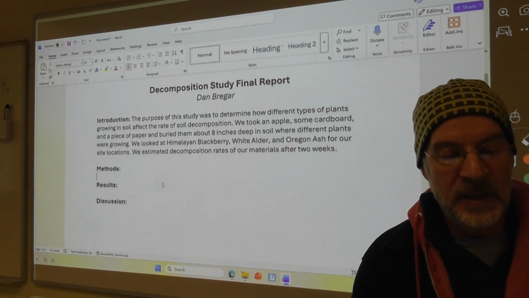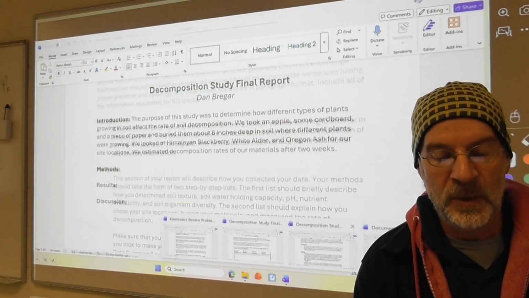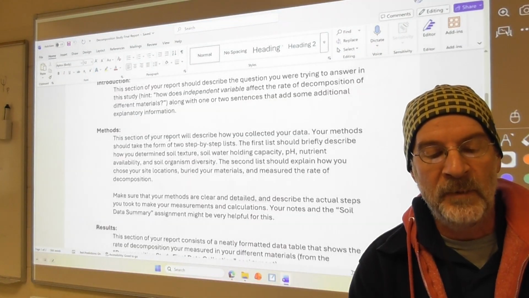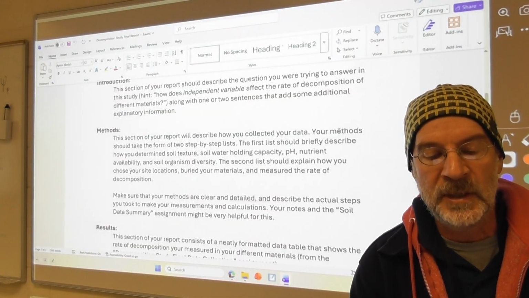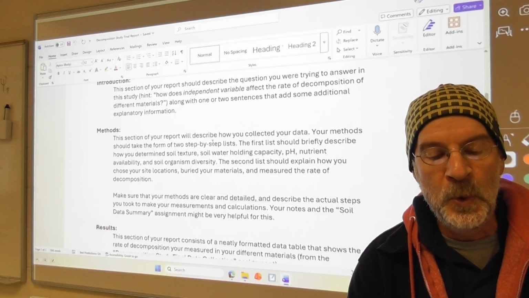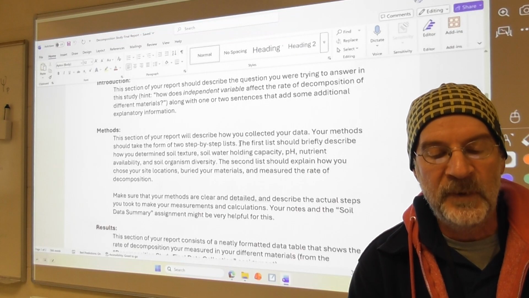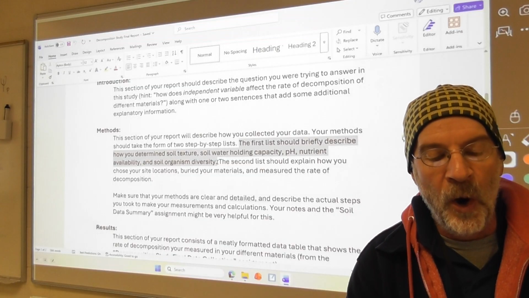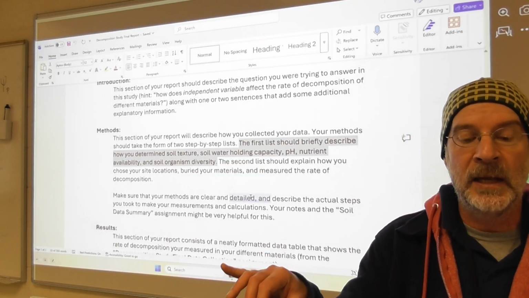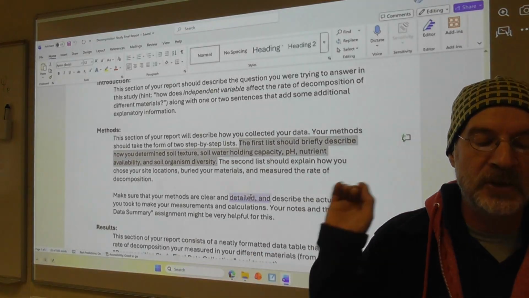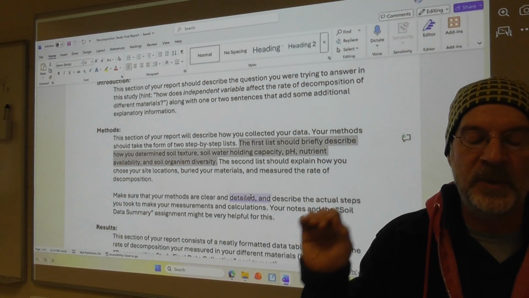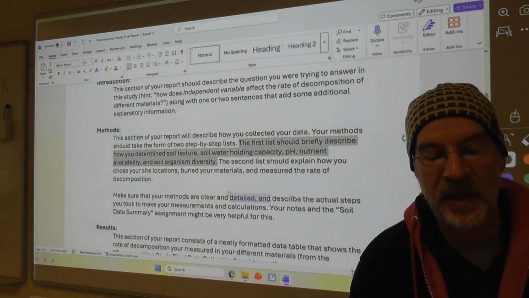For the methods, take a look at what I'm asking you to do. This section of the report should describe how you collected your data. It should take the form of 2 step-by-step lists. The first list should describe all the stuff that we did up until today. How you determine soil texture, soil water holding capacity, pH, nutrient availability, and soil organism diversity.